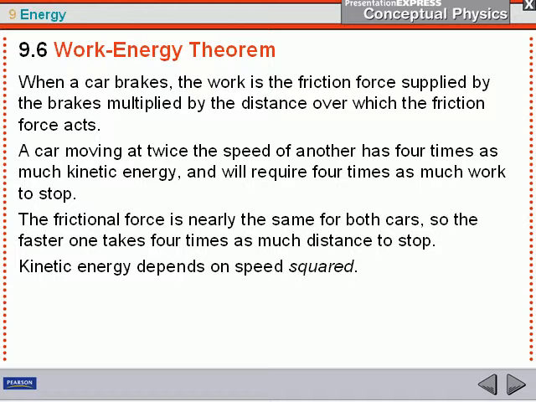Since the frictional force is pretty much the same for every car, it's going to take you 4 times as much distance to stop. Because you have to remember that the kinetic energy is equal to the speed squared. So if you double your speed, you're quadrupling your kinetic energy, which means you're going to have to quadruple your stopping distance.